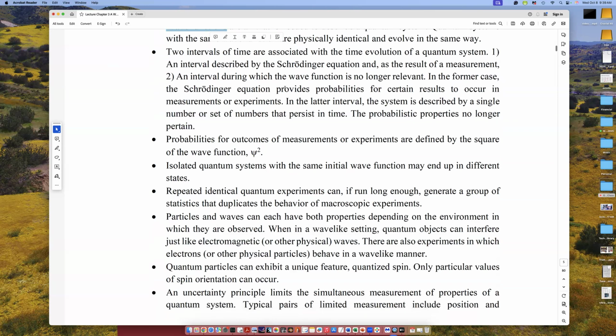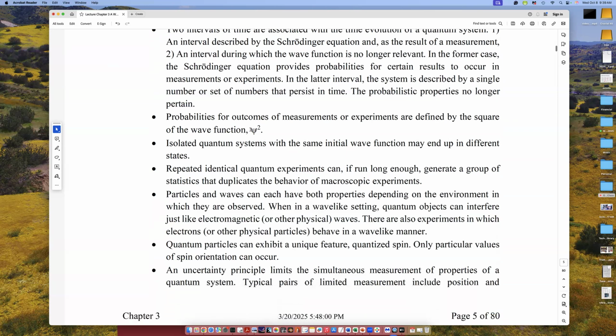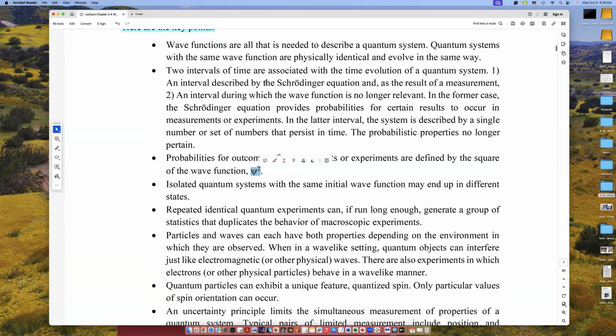And out of this came the idea from Max Born that the wave function, which is abbreviated by this Greek letter, pronounced like the English word sigh, psi, that the square of the wave function is a measure of the probability of a certain outcome resulting from a quantum experiment or quantum activity. So that's something I should emphasize.